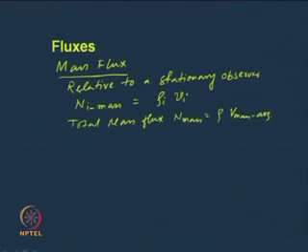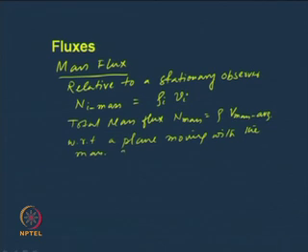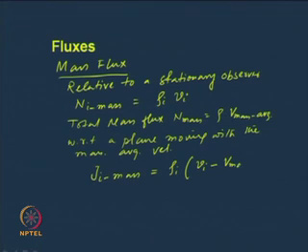Similarly, if we calculate the mass flux with respect to a plane moving with the mass average velocity, then we can define J I mass is equal to rho I times V I minus V mass average.